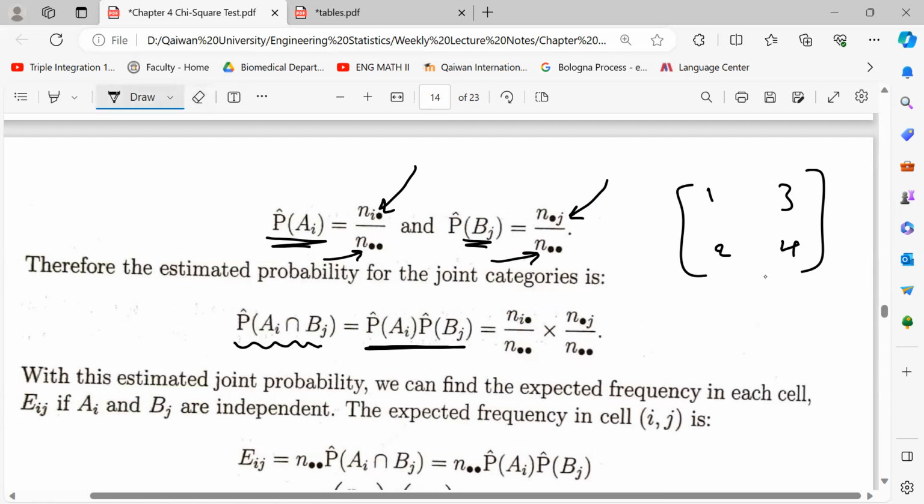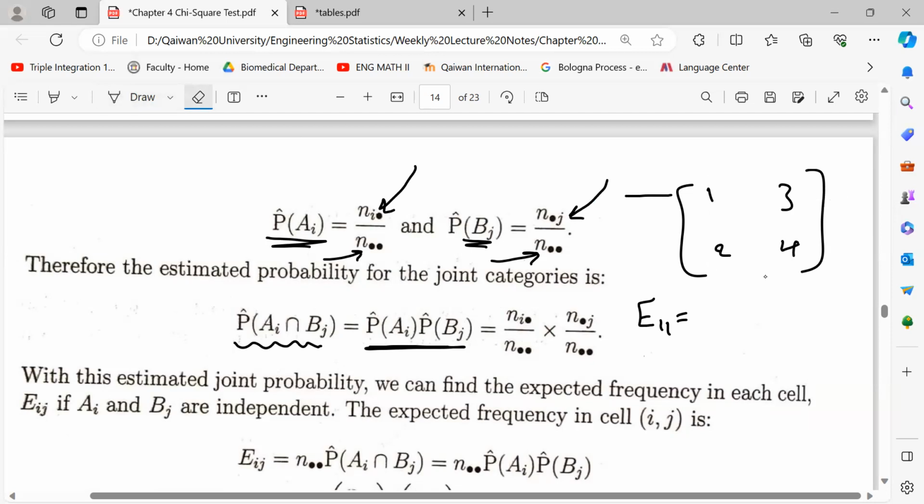We say this element is 1,1. The frequency of 1,1 locates in the first row and first column. It is the sum of these elements times the sum of these elements divided by the total number of elements in the table.